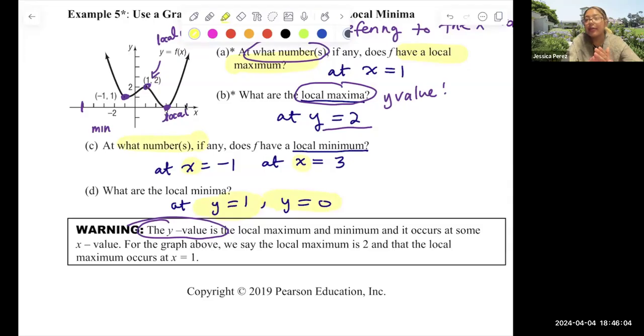So be very careful how they word the question. If they ask for what numbers, they're referring to the x values. If they're referring to the actual local max and min, they're referring to the y values. So be very careful when you're answering these questions on your homework, because they kind of trick you. I'm letting you know in advance.